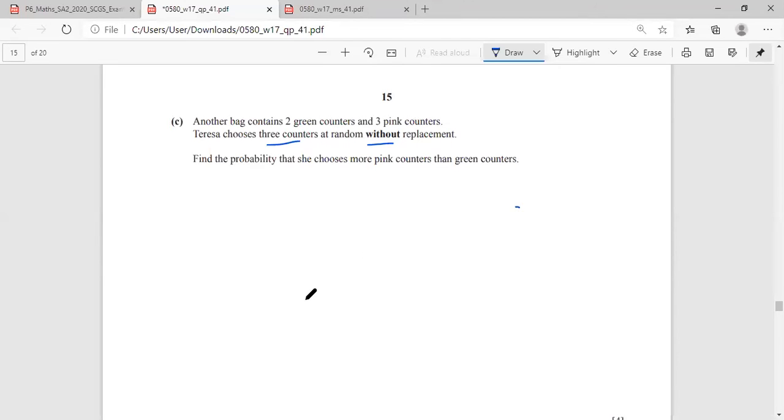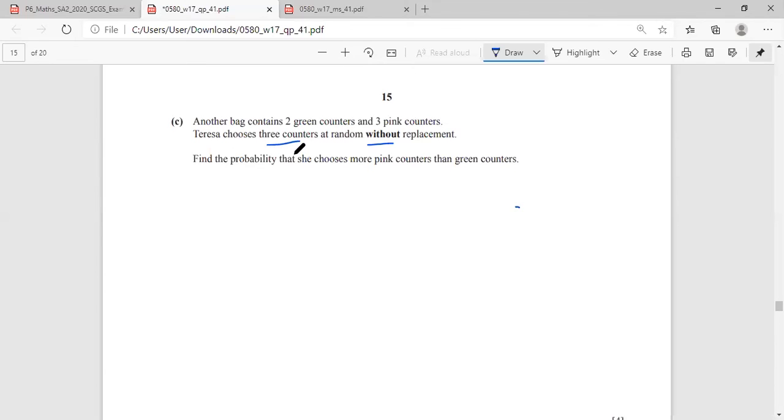Okay, next question C. Another bag contains 2 green counters and 3 pink counters. Teresa chose 3 counters at random without replacement. That means when you take it out, you won't put it back. So it means the total number of counters in the container is reduced by 1 every time you draw 1.